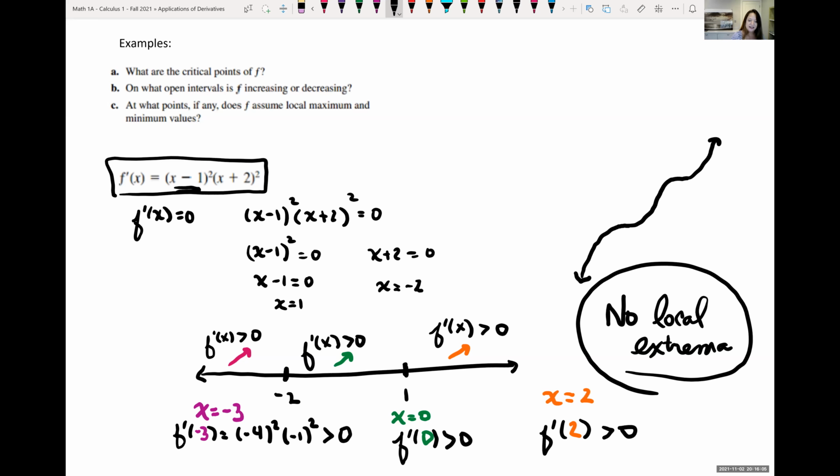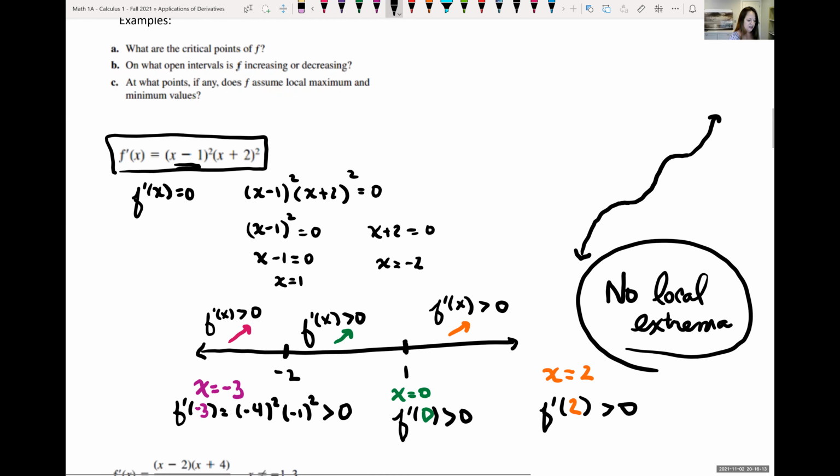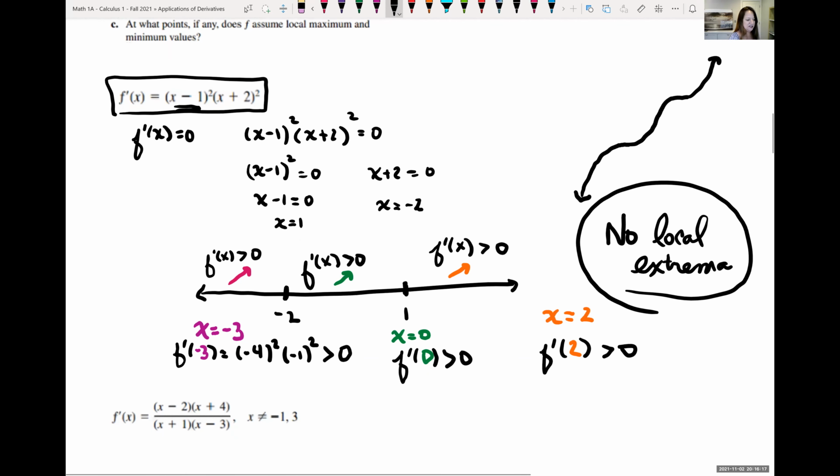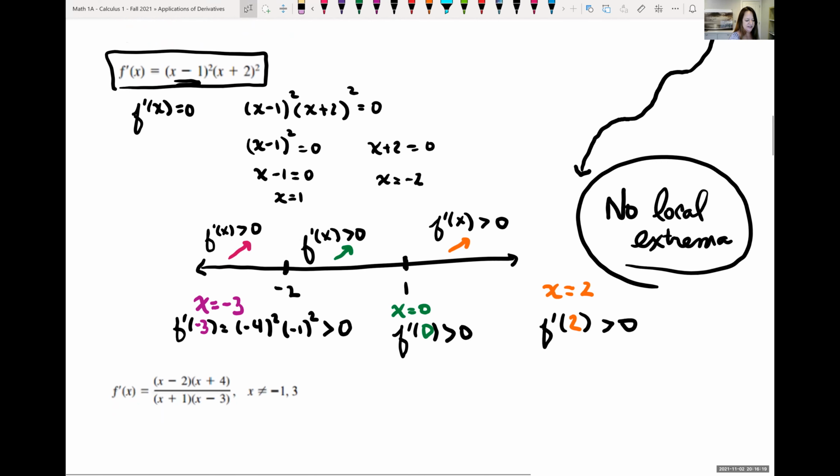Okay, so let's continue doing examples similar to this. Again, we don't have to do the work of finding the derivative, it's given for us.